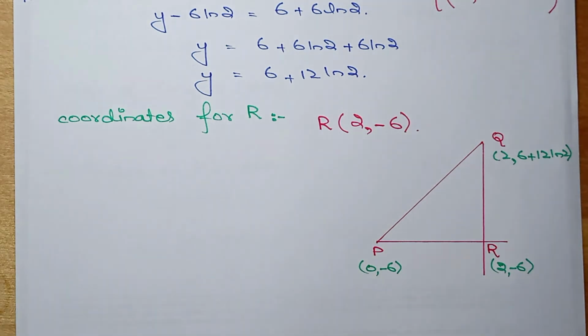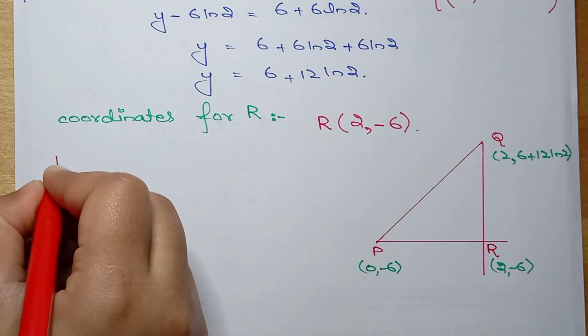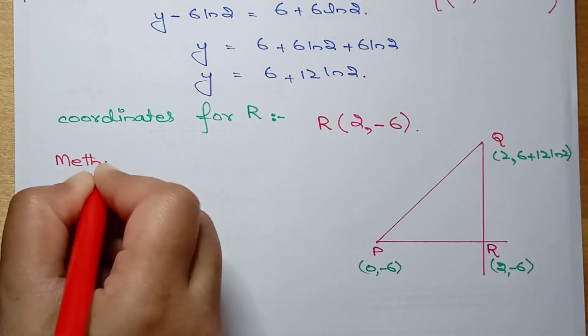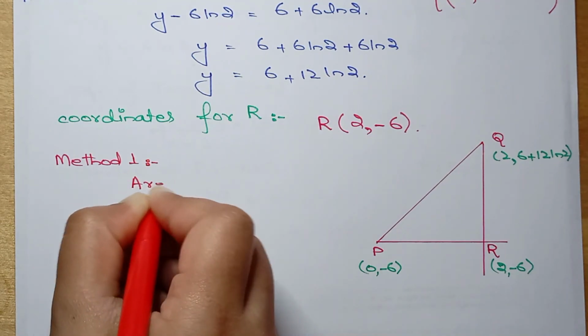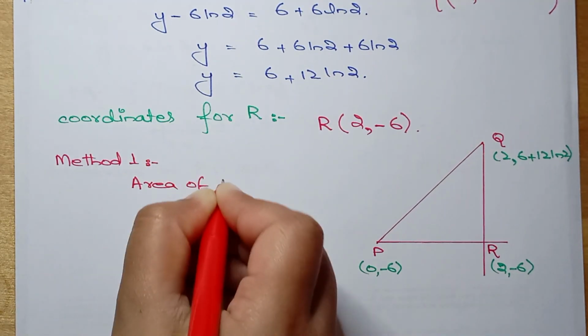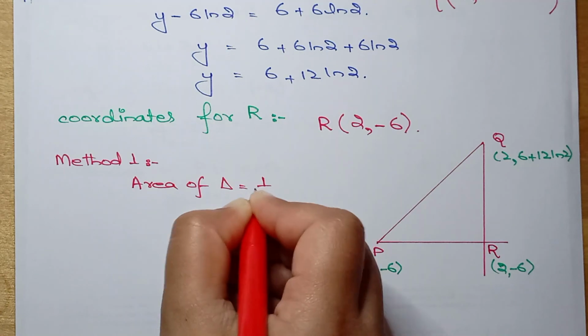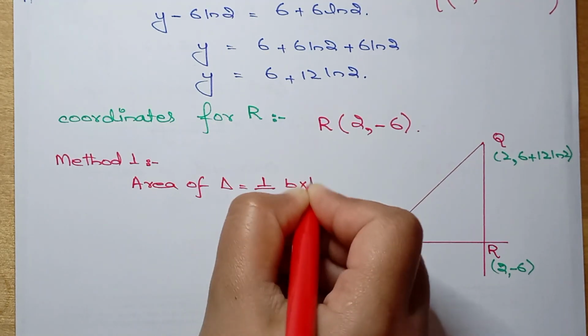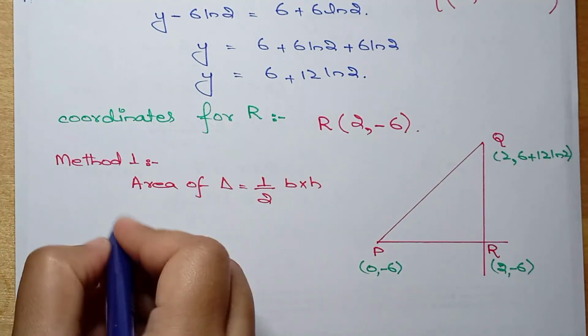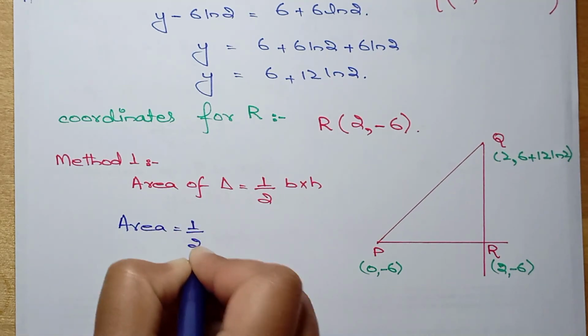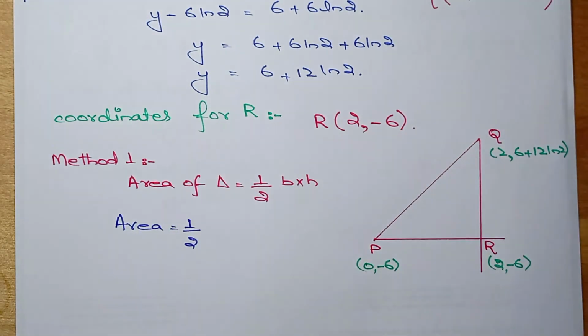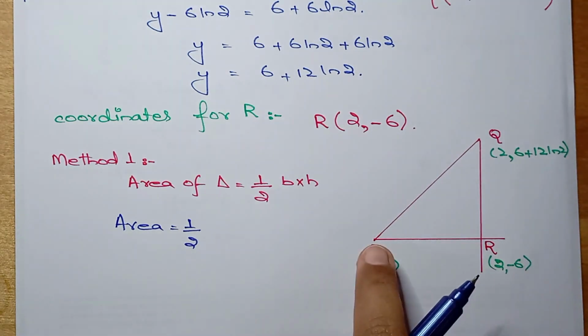So we can use two methods to find the area. Let me say method 1. For method 1, we use the actual formula for area of a triangle, half base times height. So the area is half. What is the base? This is the base, from 0 to 2.